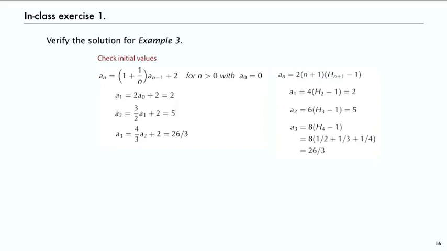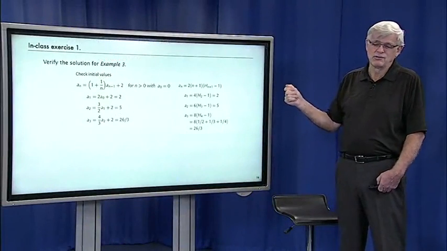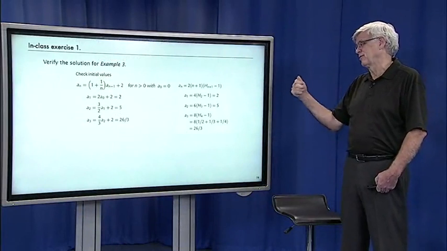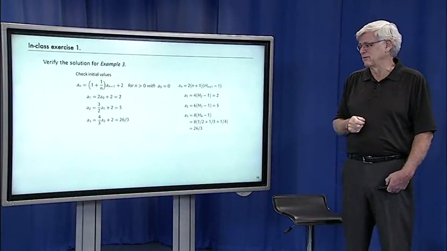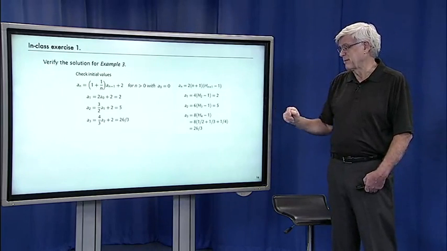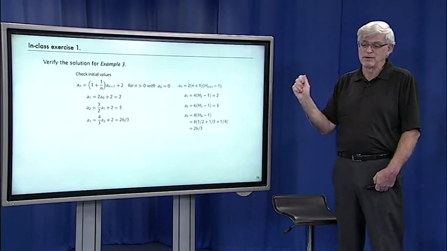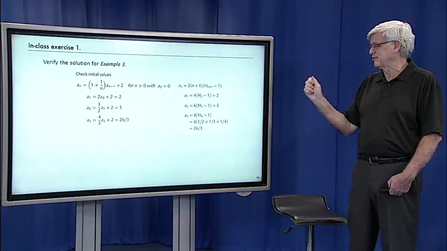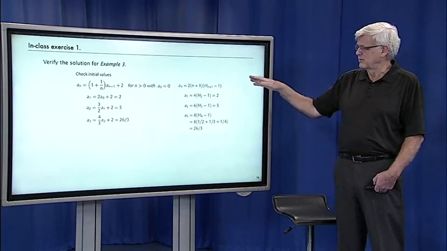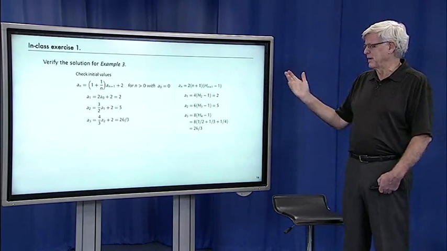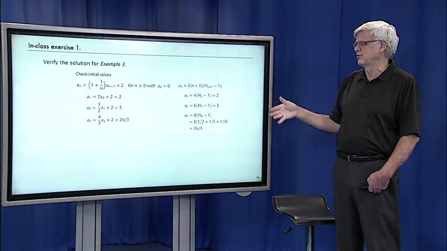And so over here in the solution that I'm supposed to have, I can check a sub 1. It's supposed to be 4(h2 minus 1), and h2 is 1 plus 1 half, minus 1 is just 1 half, times 4 is 2, so I've got it. And h3 minus 1, that's 1 plus 1 half plus 1 third, subtract off the 1, we get 1 half plus 1 third, 6 times that is 3 plus 2 is 5, got it. So once I've done that, I have some confidence that I've got the solution.